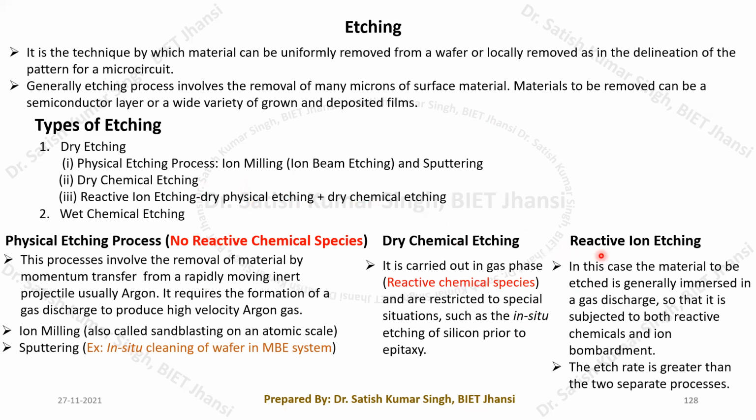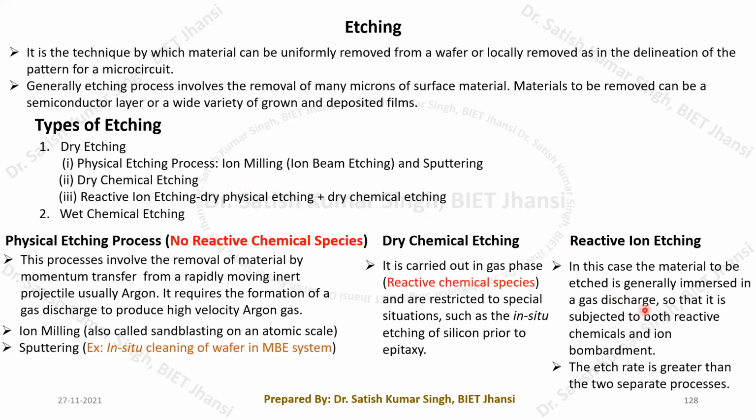Generally in reactive ion etching, the wafers are immersed into a gas discharge. Within this gas discharge, we have both the ion beams as well as the reactive chemical species.